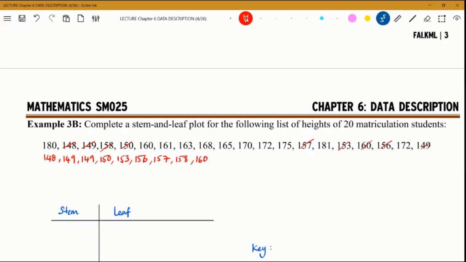And then is it going to have twice? 161, and then we have 163. And then next one, which is 165, 168, and then 170, 172 we have twice, 175, and then maybe 180 and 181.